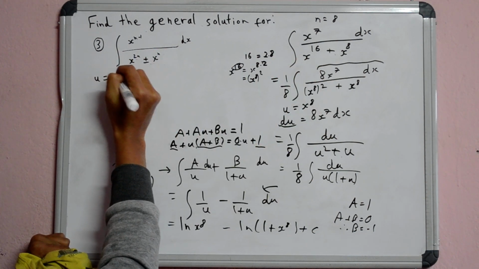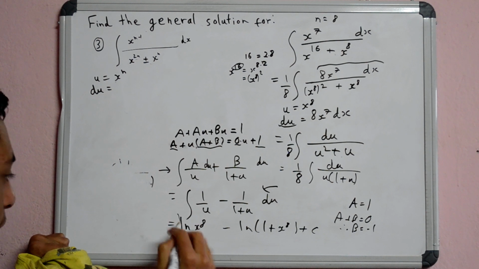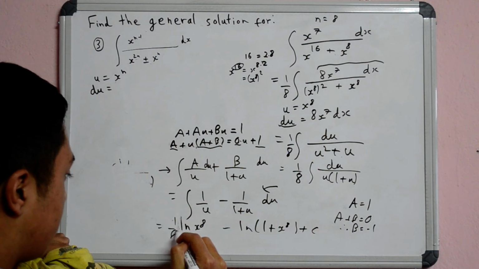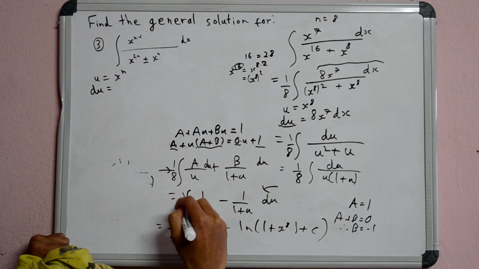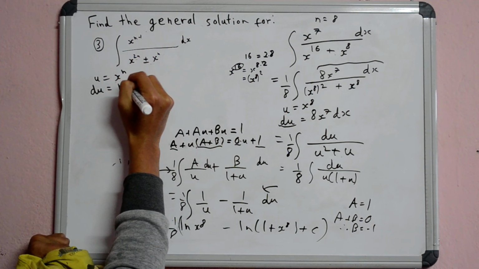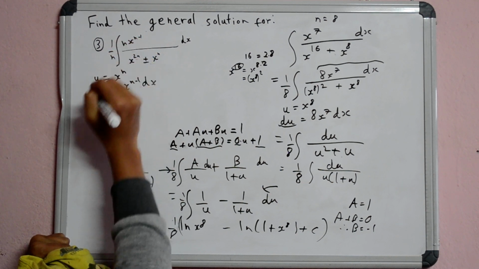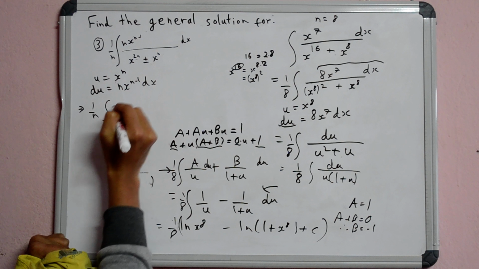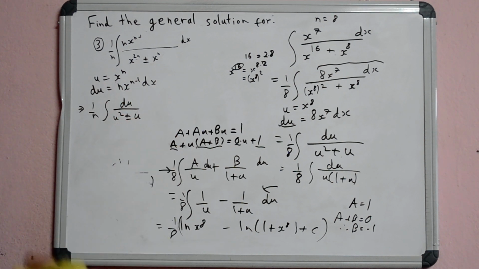So let u equal x to the power n. du is equal to, oh wait, I forgot the 1 by 8 right here, equals 1 by 8, like this. So du will be equal to n x to the power n minus 1 dx, and 1 by n. So we have 1 by n integration du by u square plus minus u.